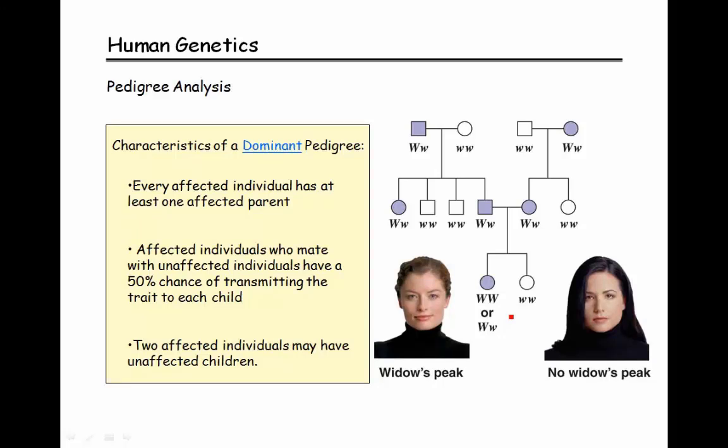If we know that this is a dominant pedigree, we can go through and assign at least one capital letter to all of the individuals that are colored in, and assign 2 lowercase letters to all of the individuals that are not colored in. As for the other half of the dominant individuals, we may or may not be able to decide conclusively the second letter that's going to be in the genotype.